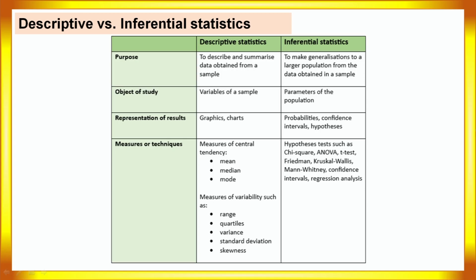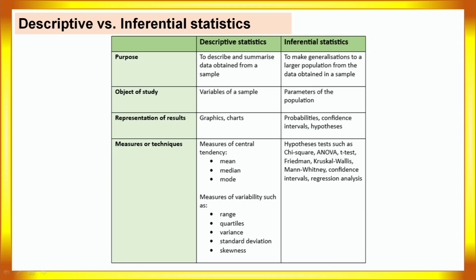Okay. So, now the difference between descriptive and inferential statistics is in terms of the purpose and in terms of the techniques. The purpose of descriptive statistics is to summarize data obtained from a particular sample, to find out the trend in that sample data. On the other hand, the purpose of inferential statistics is to develop generalizations about the population based on the sample data.